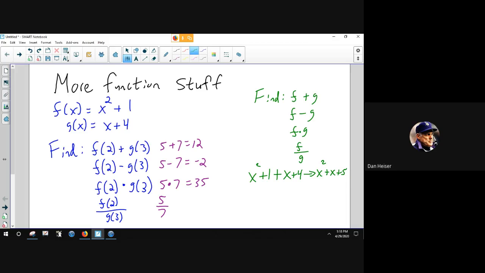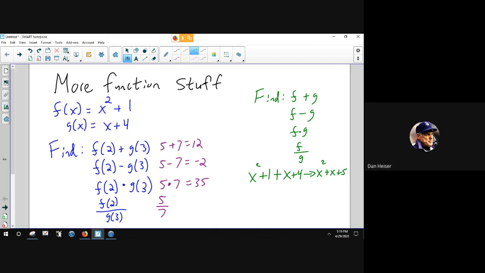This is not a composition of functions. It is not a composition of functions because we are not putting one function into another function. We are merely writing two functions side by side and collecting their like terms. So this is a little different.